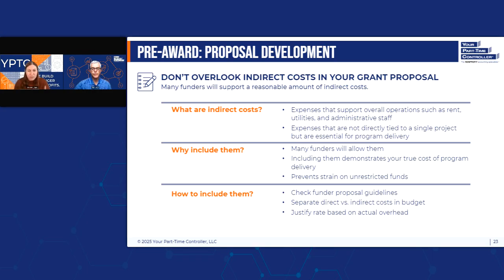And the same with utilities. Time and effort is a really common way that people might figure out their overhead and how much is being used for each program, figuring out how much of their staff is working on each different program. And of course, remember, indirect costs also would impact things like fundraising and general and administrative departments as well.